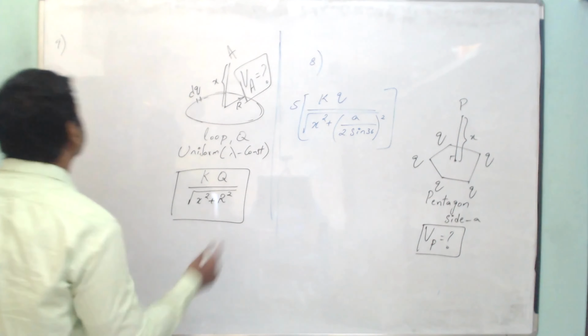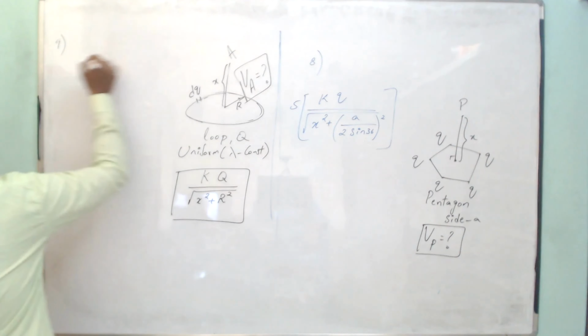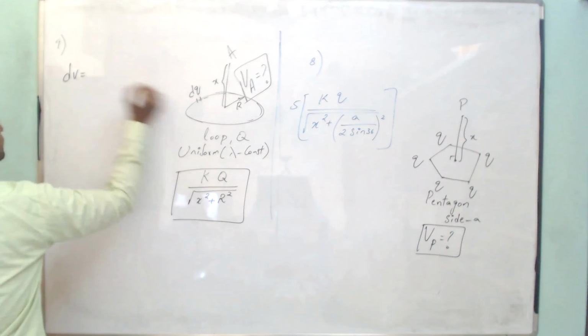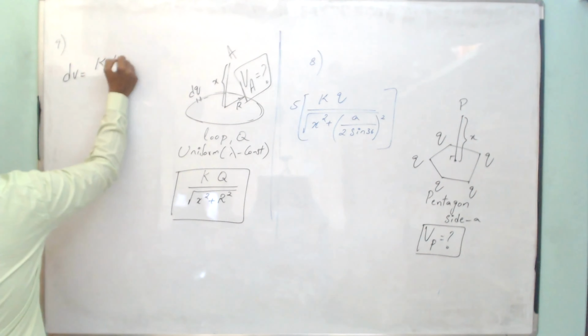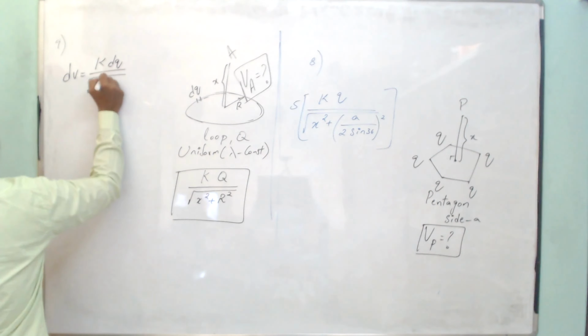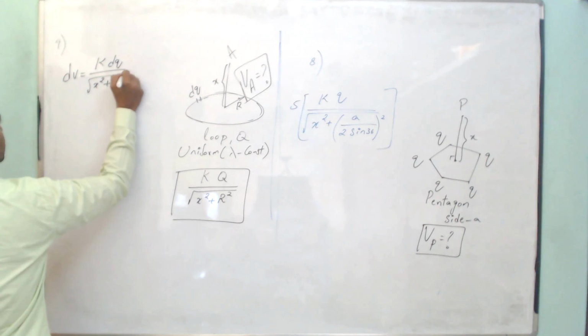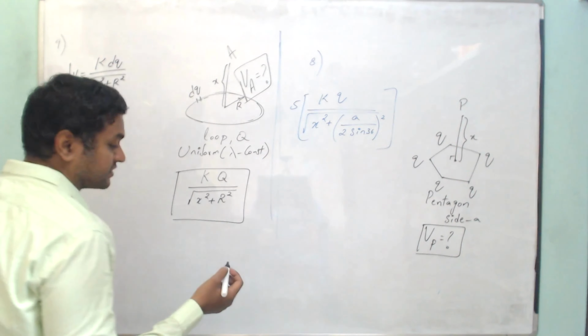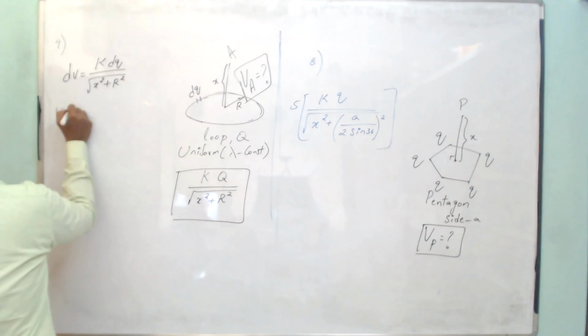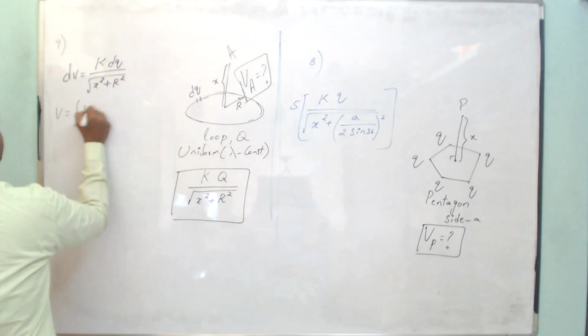Suppose I want to do it stepwise. First, the potential due to this small element is k dq divided by under root of x square plus R square. Then V is the integral of dV.